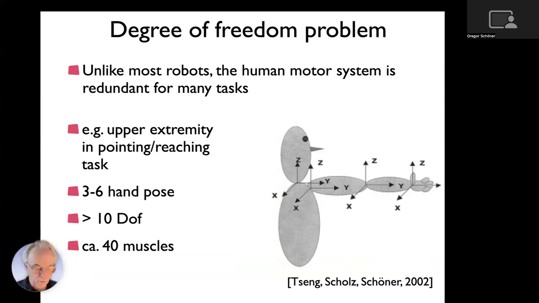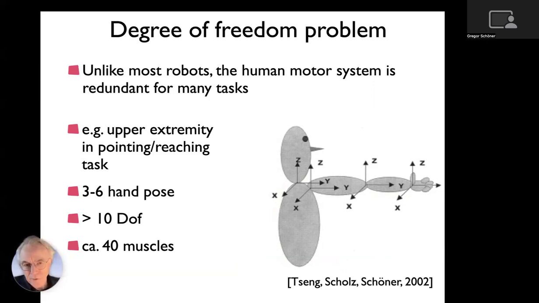That will be 10 degrees of freedom. But you would also possibly even engage the upper body and your whole body stepping if you manipulate while standing. And so this problem of saying I have demands for the hand and then have to figure out how to use all the degrees of freedom is called the degree of freedom problem in motor control. It's a major topic there. It's a problem, though not to the same extent, in robotics.